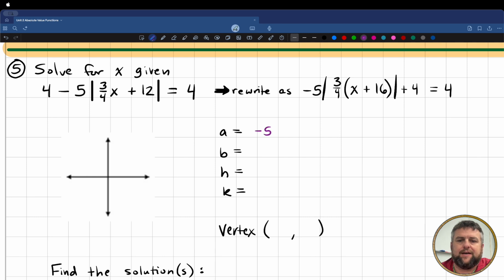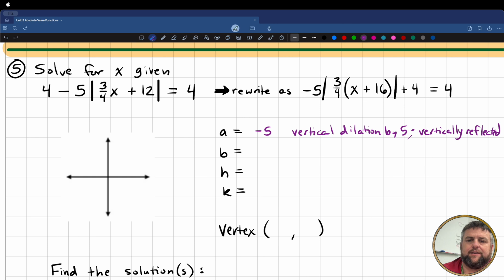The negative 5 tells us this has a vertical dilation by 5, and it's also vertically reflected. So vertical dilation by 5, and it's vertically reflected. So it's going to open downwards. That's what that's telling us right there.